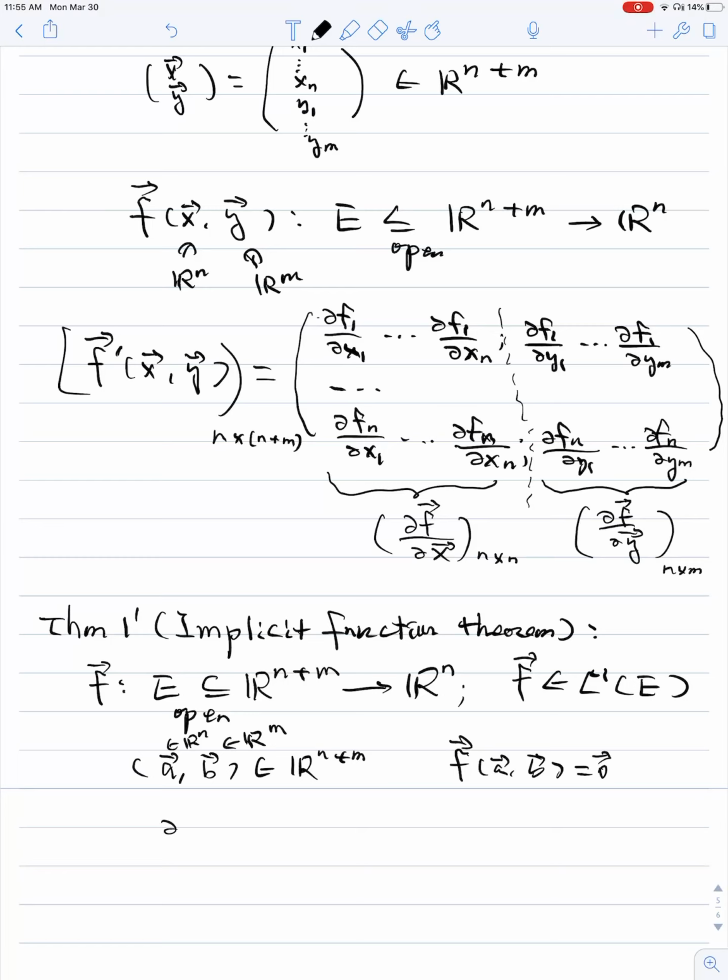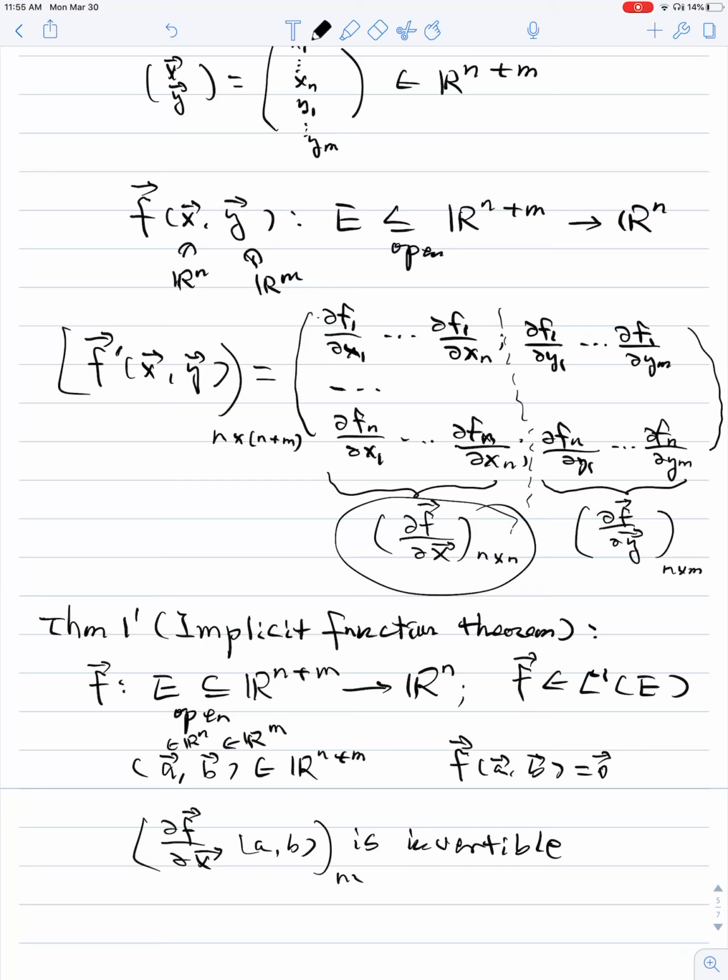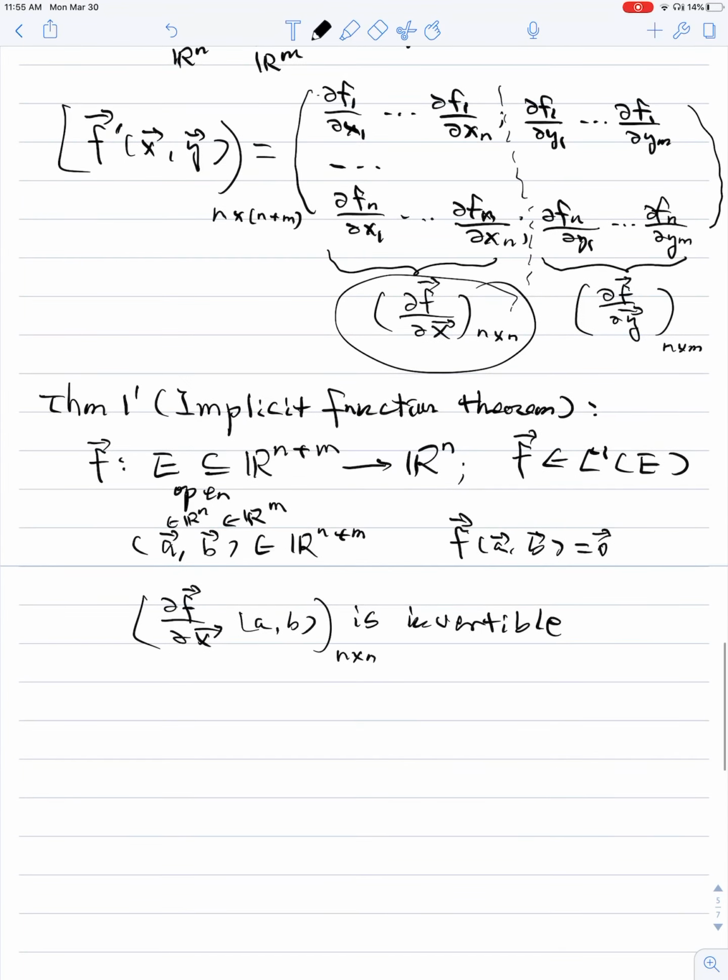However, the partial derivative df/dx at this point is invertible. So this n by n matrix is invertible. That would mean that in this system of equations, you can solve for x in terms of the y's.